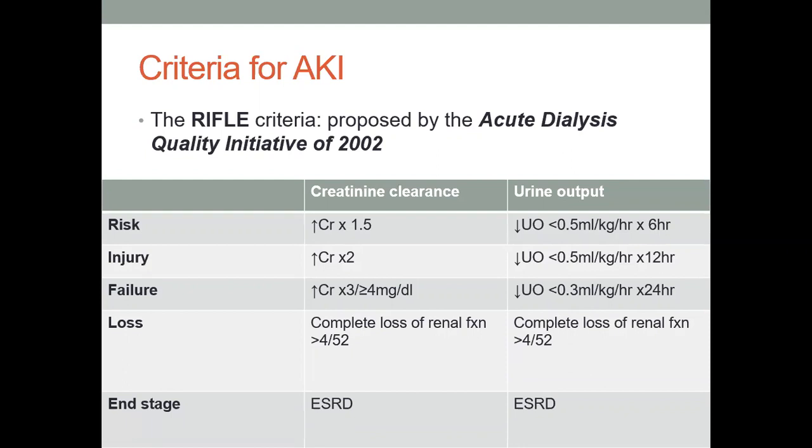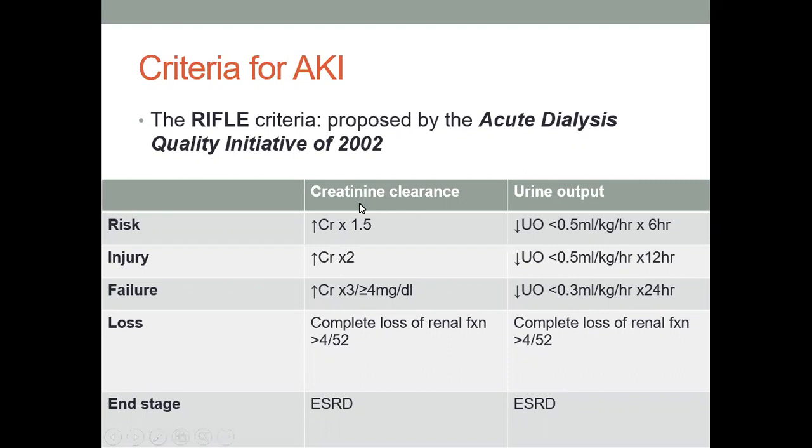We can see from the table, RIFLE: R means risk, kidney at risk. I is when there's kidney injury. F is when there's kidney failure. L is loss of kidney function. And E is end-stage renal disease.